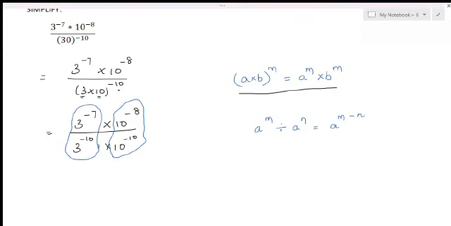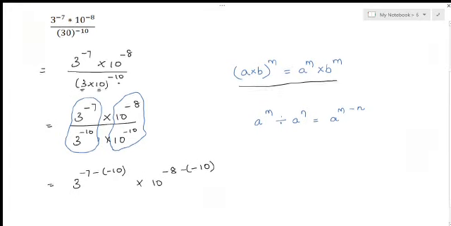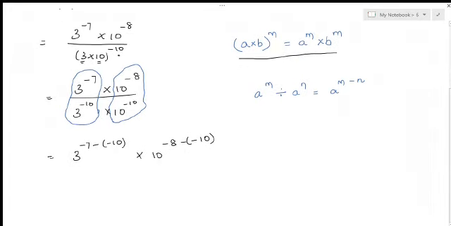So here I am going to subtract the powers. 3 power minus 7 minus of minus 10 into 10 power minus 8 minus of minus 10. Next step, 3 power minus 7 minus into minus is plus 10 into 10 power minus 8 minus into minus is plus 10.